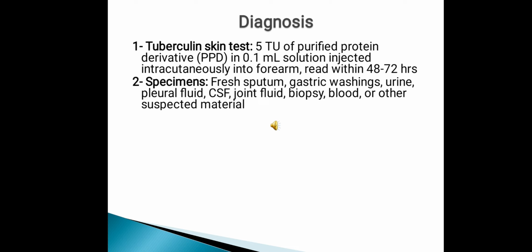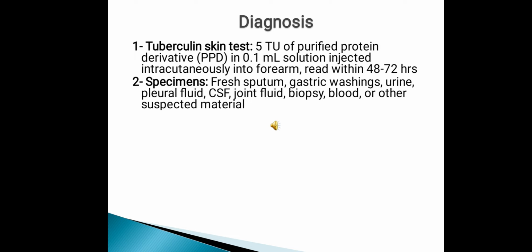This component makes the sputum more liquefied, and we can also add NaOH for decontamination, as NaOH can kill other types of bacteria. We also need to centrifuge so the sample sediments in the bottom of the tube, and then we can stain the specimen.